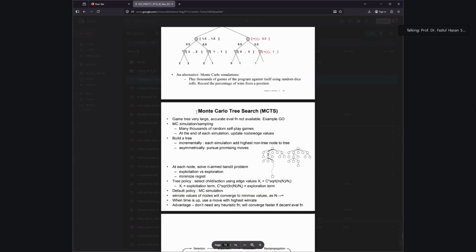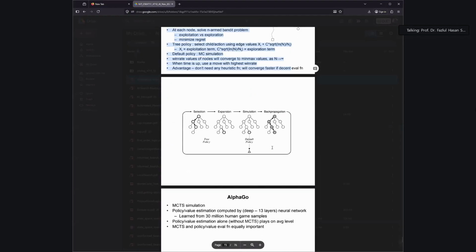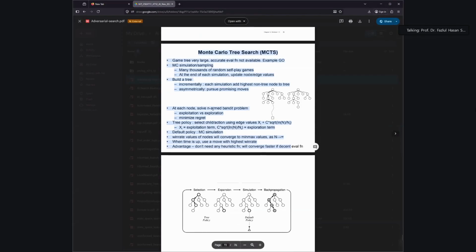In fact, Monte Carlo tree search is here also. But this is not a good explanation, and that's why I covered it in a separate slide. Don't read the Monte Carlo tree search from here, rather read it from there.